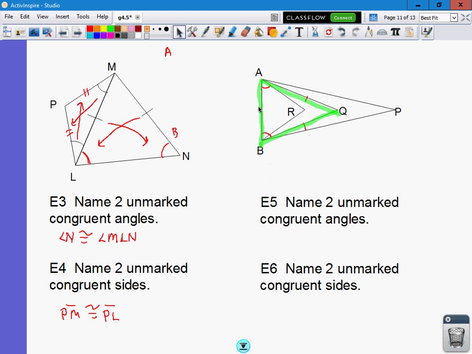No. What do I have to call it? BAQ? Could have also been called QAB, so long as A is in the middle. And the other angle would have been ABQ. Could have been QBA, so long as B was in the middle.